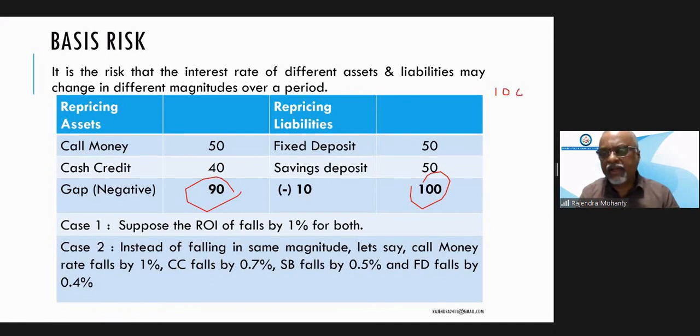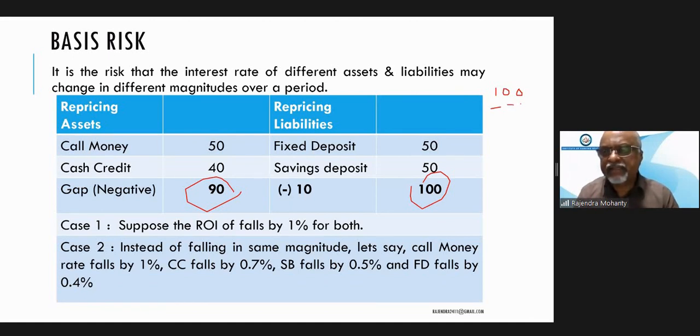Earlier NII was 100, whatever it was. Now, due to this change, the decrease in interest income has become how much? 0.78.